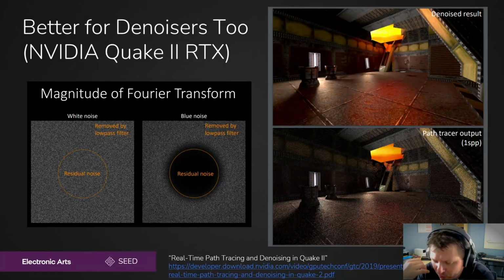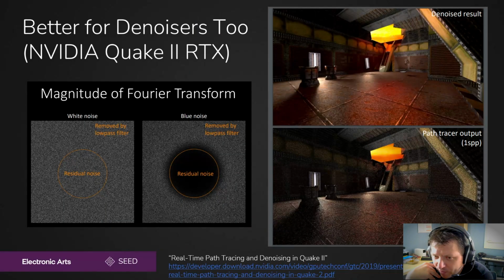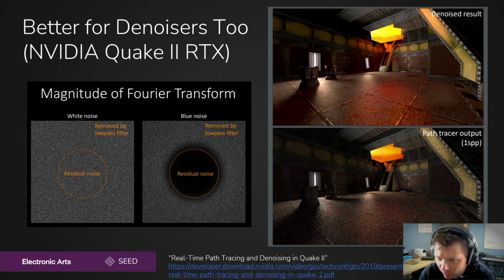And so whether we're talking about viewing something raw or even filtered, we haven't talked about denoisers. But what's nice is that it turns out that blue noise is also better for denoisers, even though denoisers are trained to work with white noise.